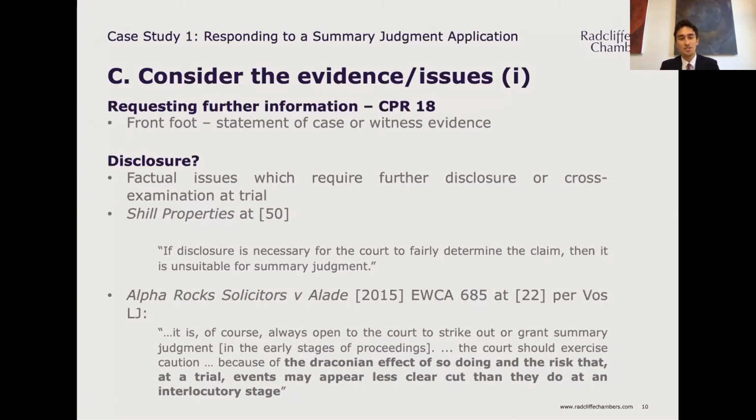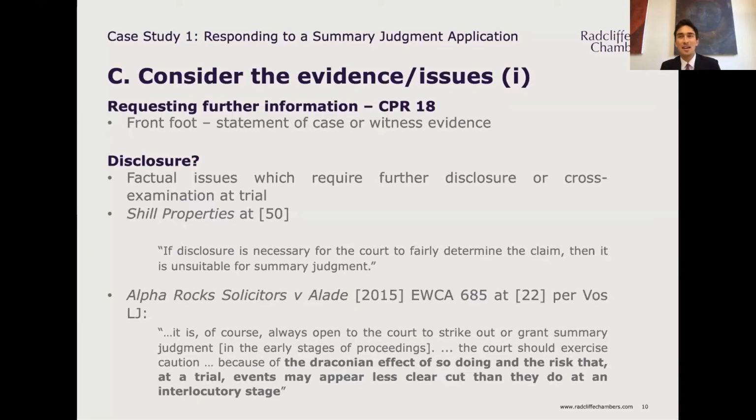And the second thing, which is related, is the actual physical evidence which is available at the time of the summary judgment application. Do you think there are any factual issues which require further disclosure or perhaps cross-examination at trial? In the Schill Properties case, the judgment of Master Clark, which was on the previous slide at paragraph 50, he simply said that if disclosure is necessary for the court to fairly determine the claim, then it is unsuitable for summary judgment.